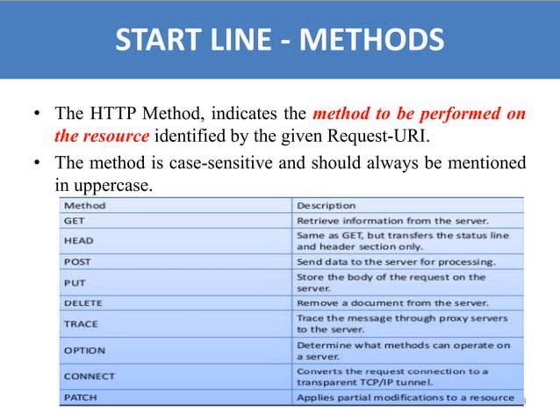The TRACE method loops the message back to the server. The OPTIONS method determines what methods can operate on the server. The CONNECT method converts the request connection to a transparent TCP/IP tunnel, and the PATCH method applies partial modification to the resource.